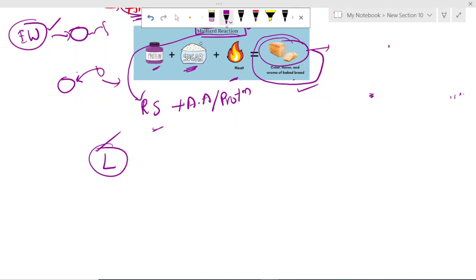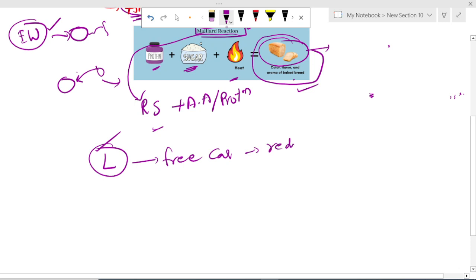First you have to understand what lactose is. Lactose, as I said previously, is a disaccharide sugar found in milk, composed of glucose and galactose.